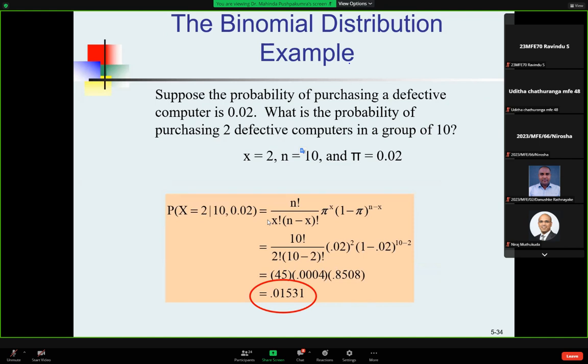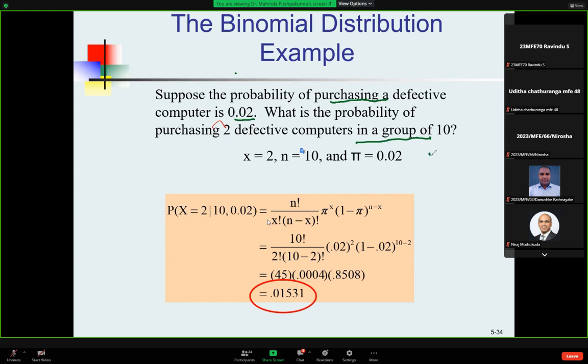See this example. Suppose the probability of purchasing a defective computer is 0.02. What is the probability of purchasing 2 defective computers in a group of 10 computers?